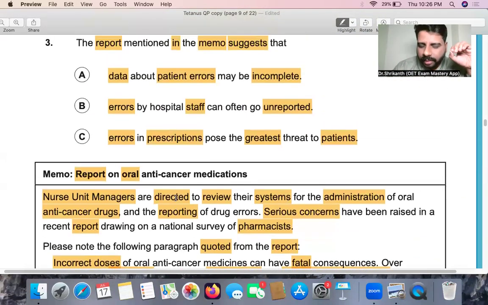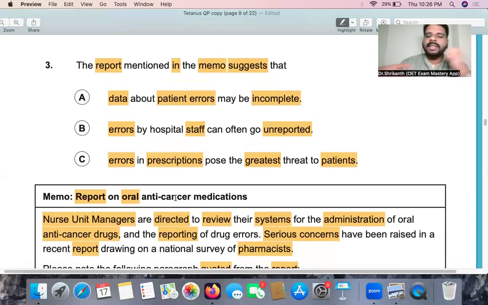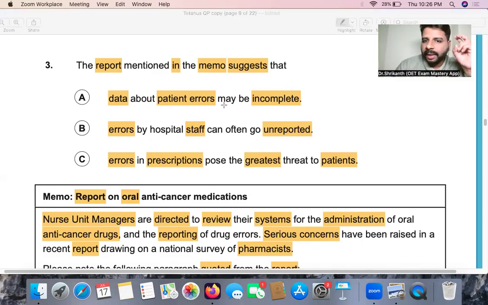Now, coming to the strategies, as I told you, on your examination day, you will not have this much time to read everything in full detail. You have to give importance to the question. You have to do the keyword analysis, the verb analysis, and with that in mind, you need to read the paragraph. As you can see over here, we have done the verb analysis before. So what was the verb analysis?